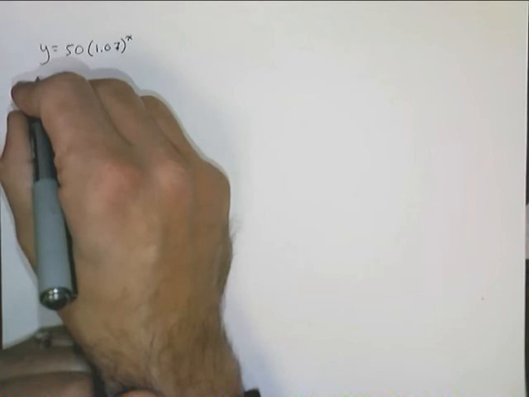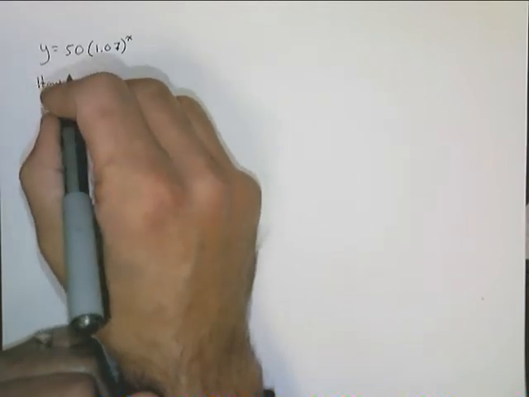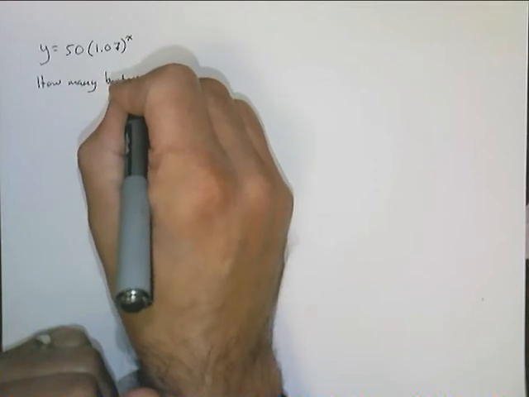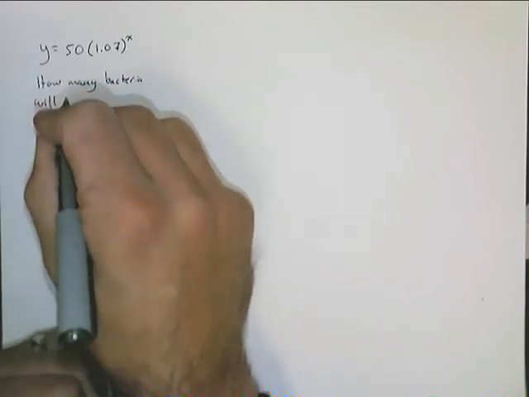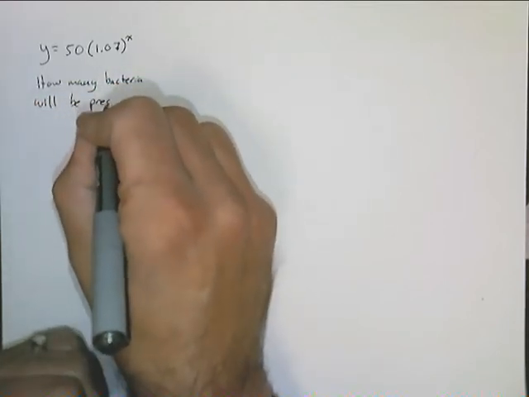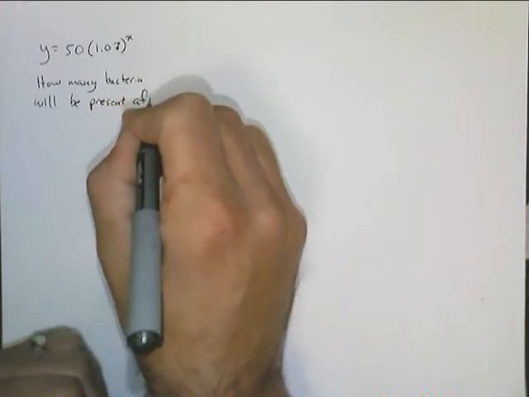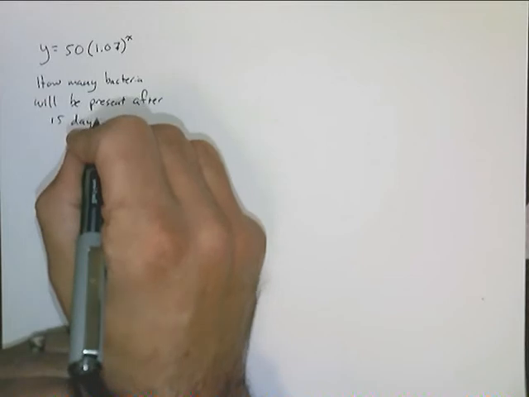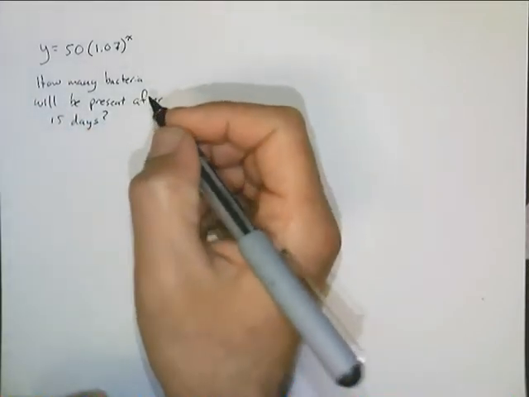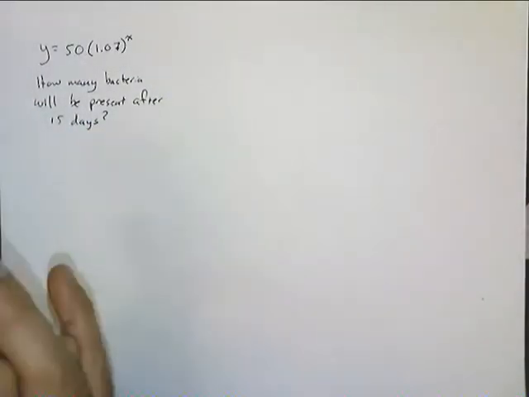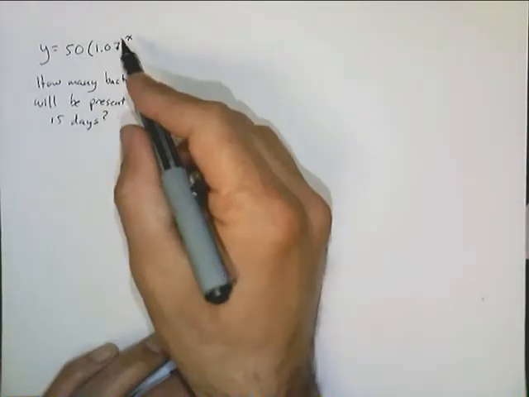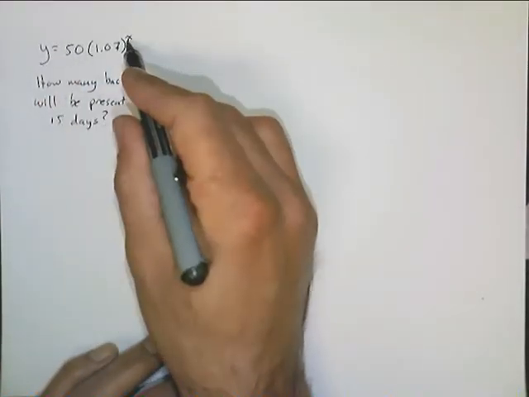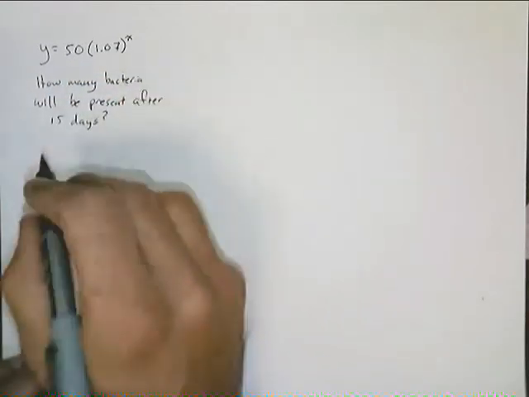So suppose we want to know how many bacteria will be present after, let's say, 15 days. Well, this is pretty simple here. x is the number of days, y is the number of bacteria. All we do is plug in 15 for x, calculate y.